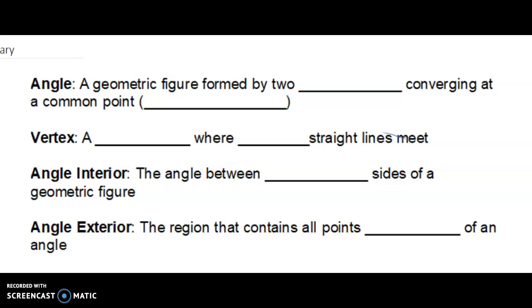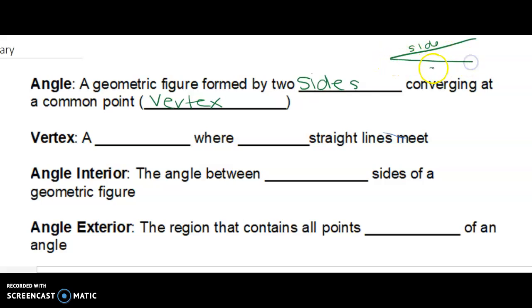An angle is just a geometric figure formed by two sides that converge at a common point called the vertex. Okay, so what I mean is here's a side, here's a side, so you have two sides that come together at this point right here called the vertex.